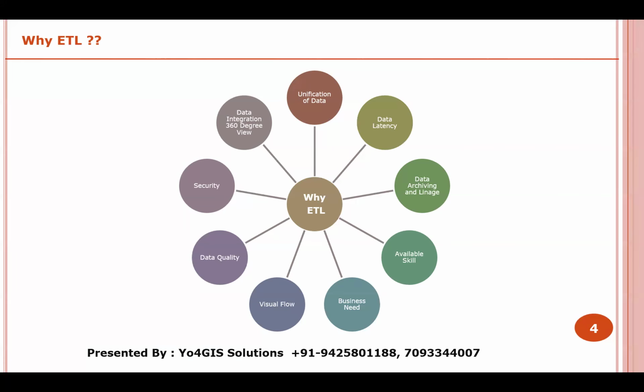When we are talking about unifying the data, it means we need to get the data from different sources. We have to create the unified geodatabase model, and we need to set some process. Using that process, we can take the data from different types of sources and transfer this data to the unified geodatabase model.